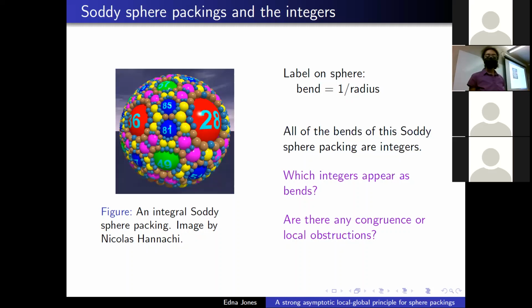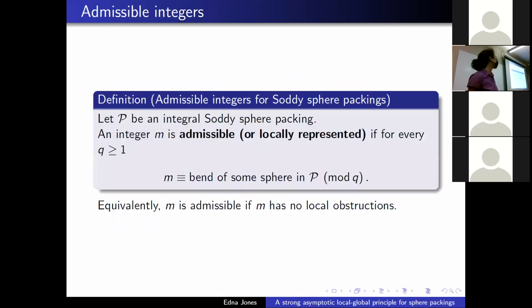So towards that, we have our definition of admissibility. Let P be an integral Soddy sphere packing. An integer m is admissible, or locally represented, if for every positive integer q, m is congruent to the bend of some sphere in the packing mod q.